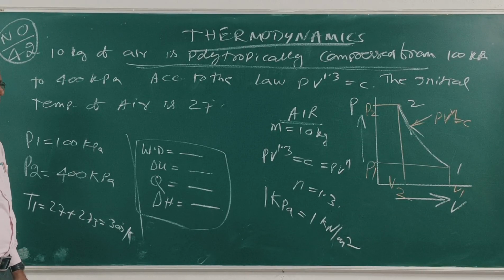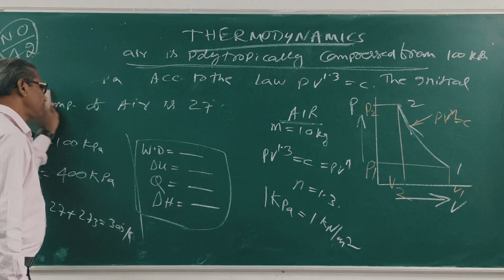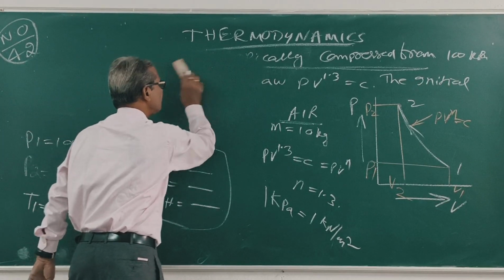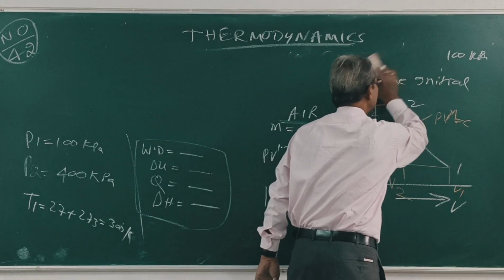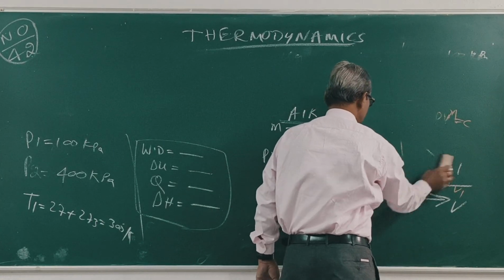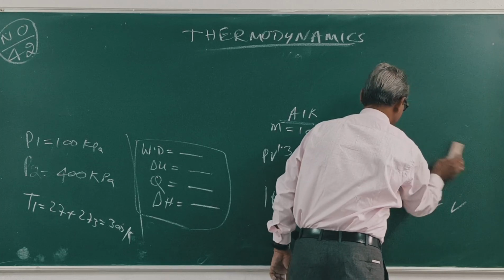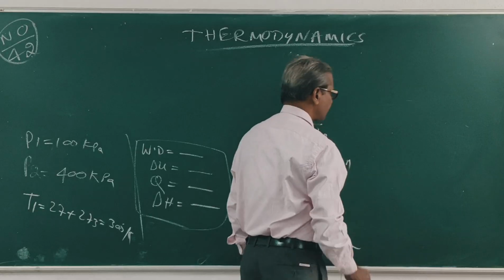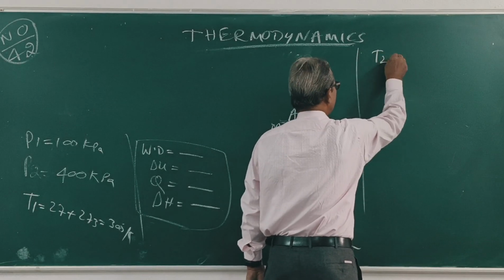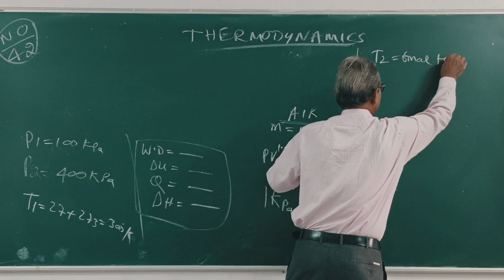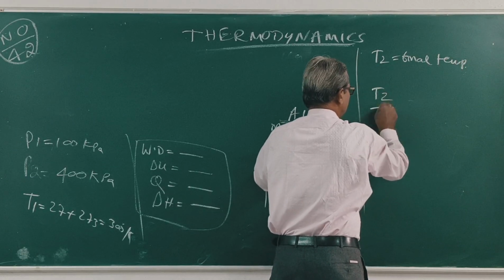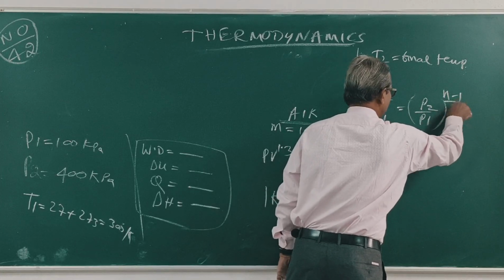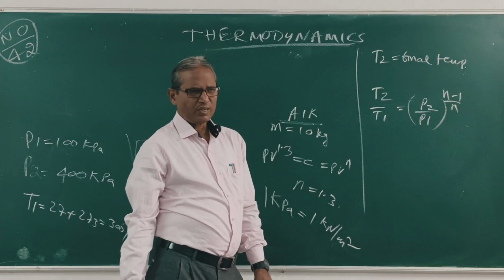This is given data. First find out what is T2. Clear? T2 is the final temperature. T2 by T1 is equal to P2 by P1 to the power of n minus 1 by n. Clear?